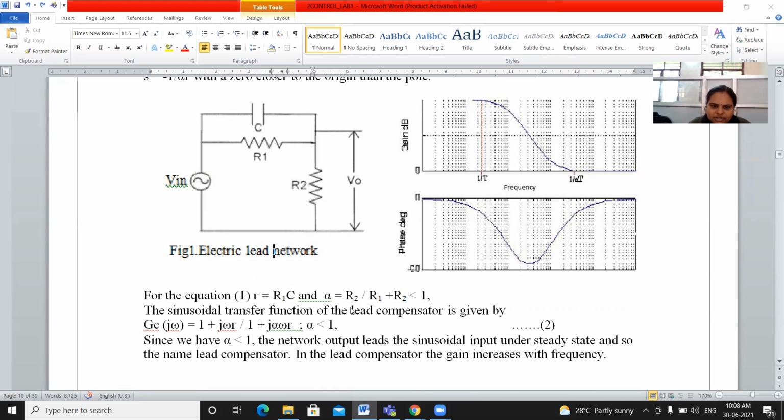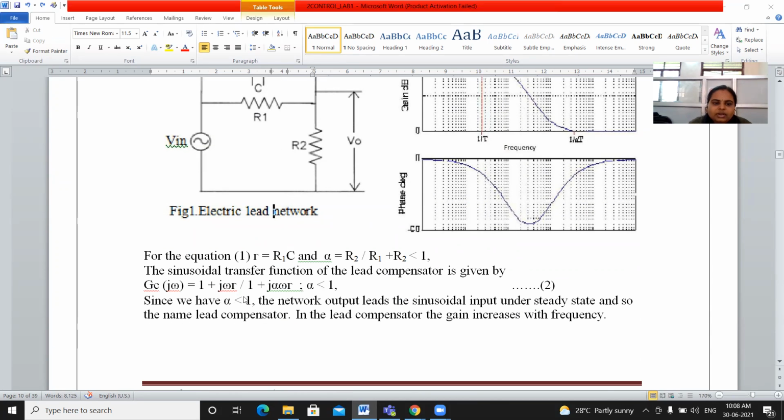The sinusoidal transfer function of the lead compensator is Gc(j omega) = (1 + j omega gamma) / (1 + j alpha omega gamma), where alpha is less than 1. Since alpha is less than 1, the network output leads the sinusoidal input under steady state, and so it is called a lead compensator. In the lead compensator, the gain keeps increasing with respect to frequency. This point you have to remember.